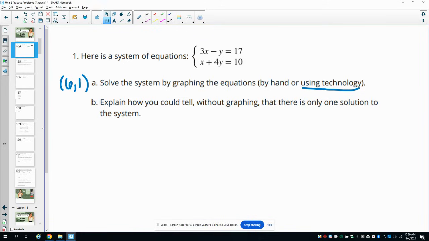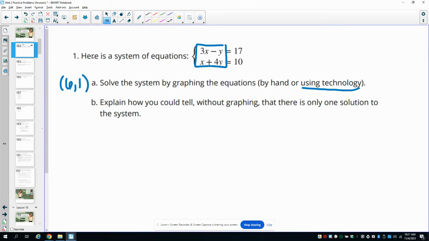And then we want to explain how we could tell without graphing that there's only one solution to this system. And so when we look at these equations, there's going to be one solution if we can't get these to be the same values at the same time. So like both of these aren't 3x's and 4y's. And that just means that their slopes are different.